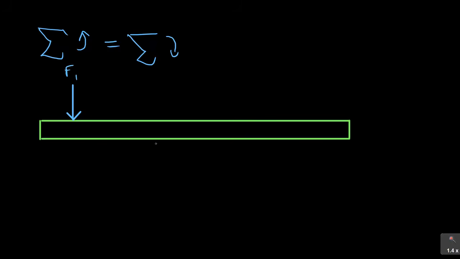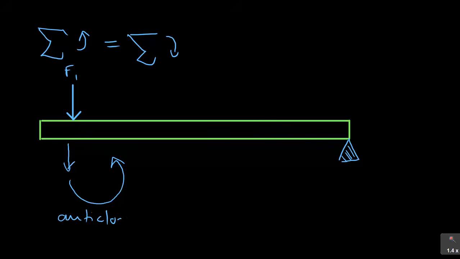So you can see when a force is acting like that, and I have maybe a support on the other side of the beam, this particular force is going to push this beam going down, and you can see again the rotation, it is anti-clockwise rotation.